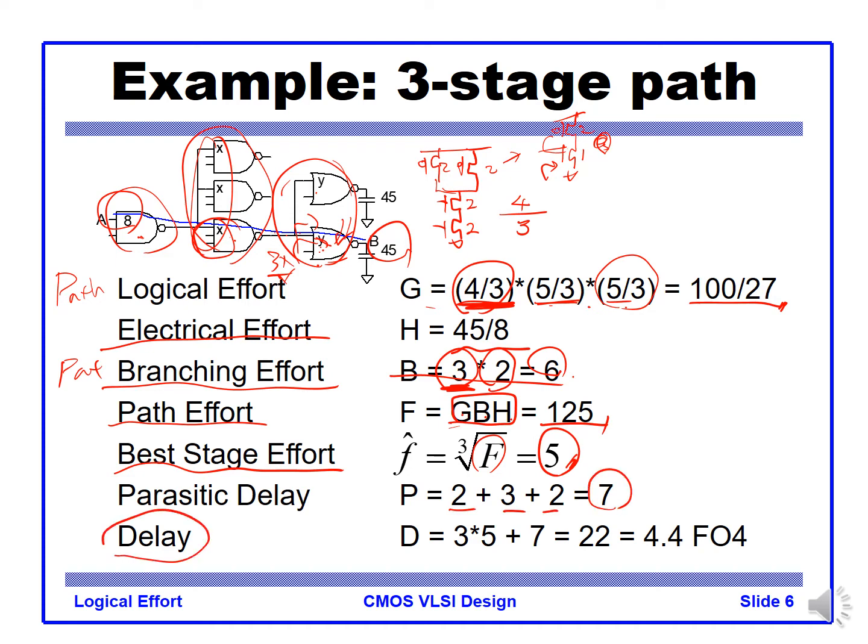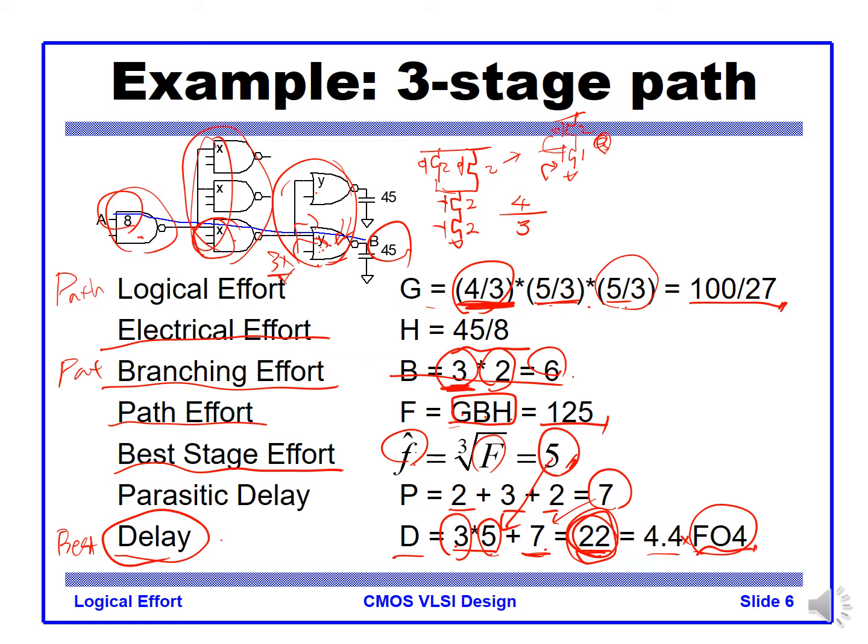So finally the best total minimum delay will be equal to 3 stages times 5, the optimum stage effort, plus the path parasitic delay, that gives us 22. This is equivalent to 4.4 times the fan-out-of-4 delay.